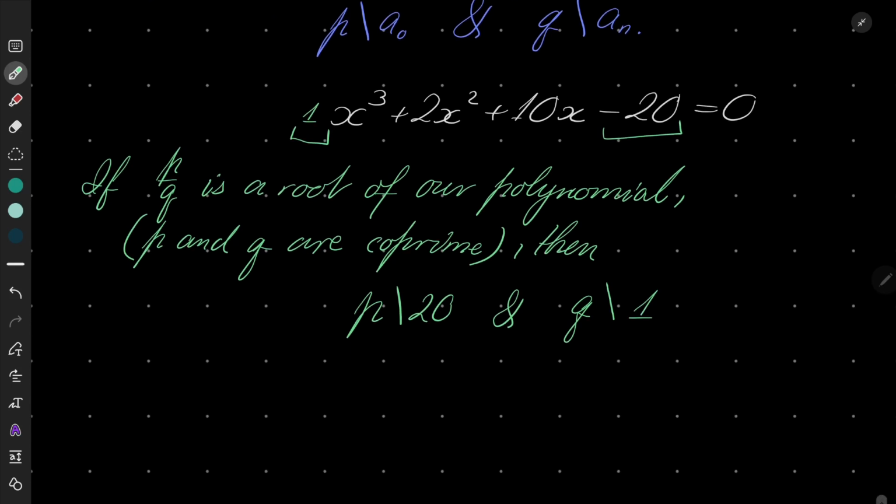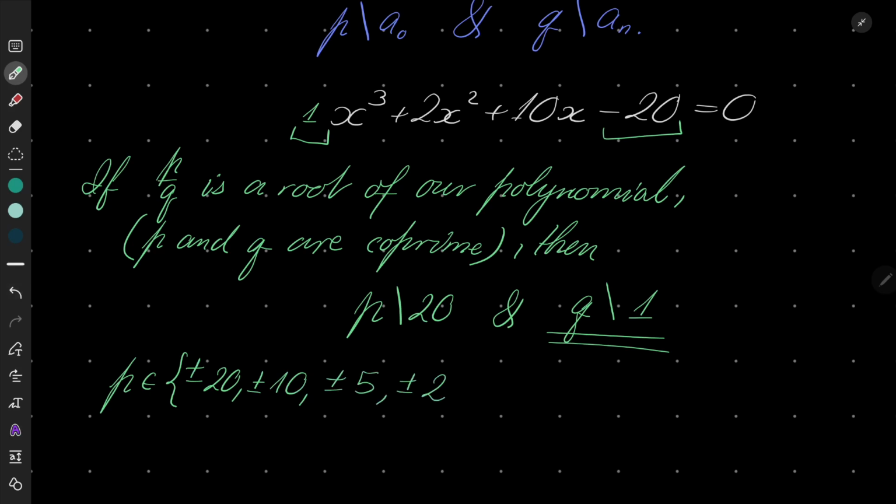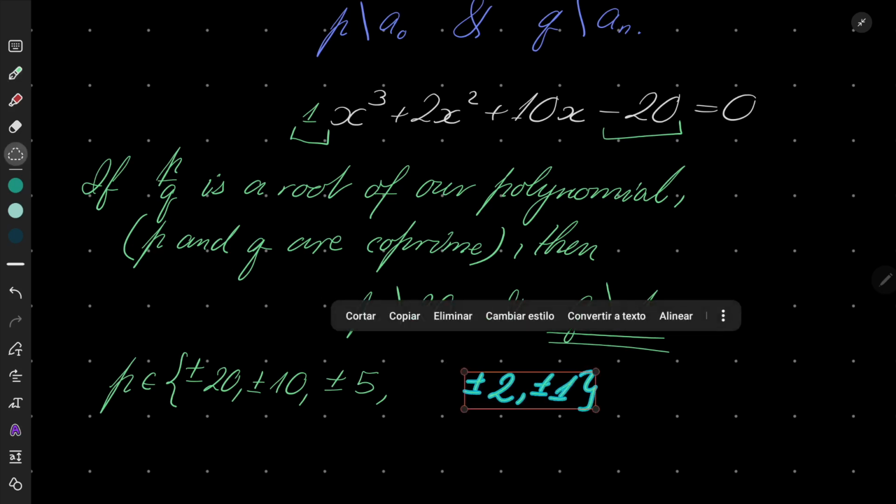Okay, so in other words, we can set q equals 1, and the only numbers to check are plus or minus 20, plus or minus 10, plus or minus 5, plus or minus 2, and finally plus or minus 1, and something is missing, namely number 4.